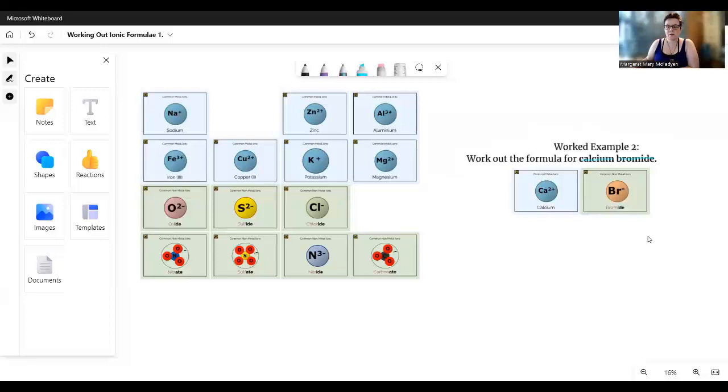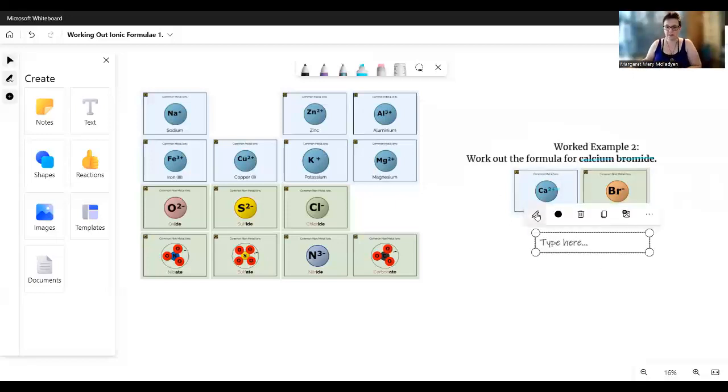So if I bring these there, we can start to look at how this compound is made up. And as we did before, we're going to look at the charges. This time, the calcium we see that it's 2+. So as before, we're going to type in what the positive charges are.